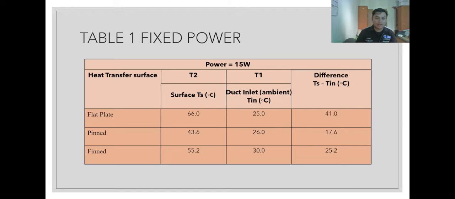From the data, the flat plate temperature difference is the highest among the other two surfaces, recorded at 41 Celsius.